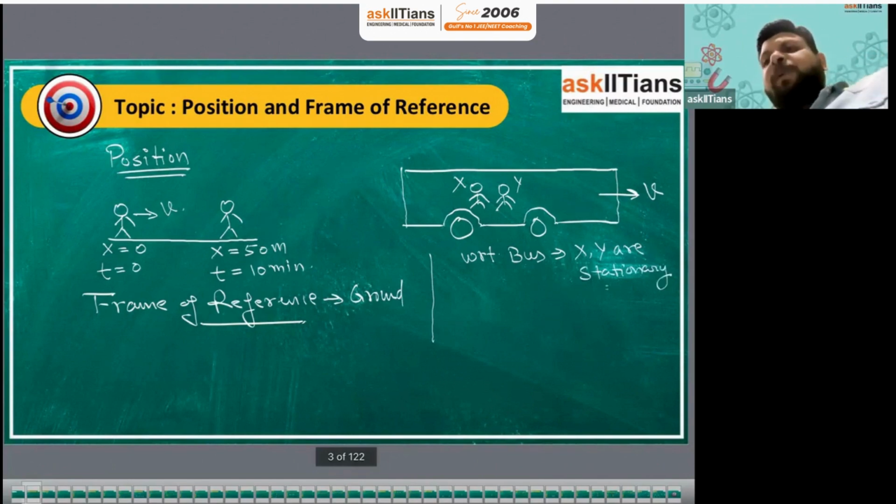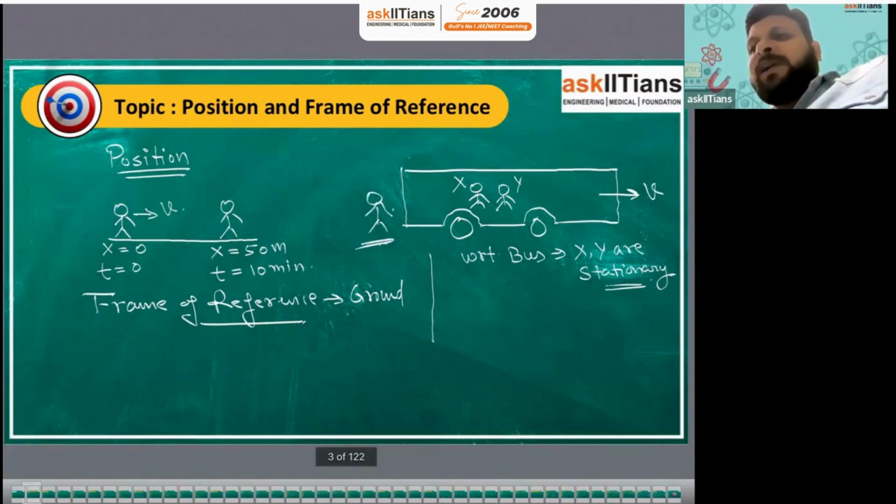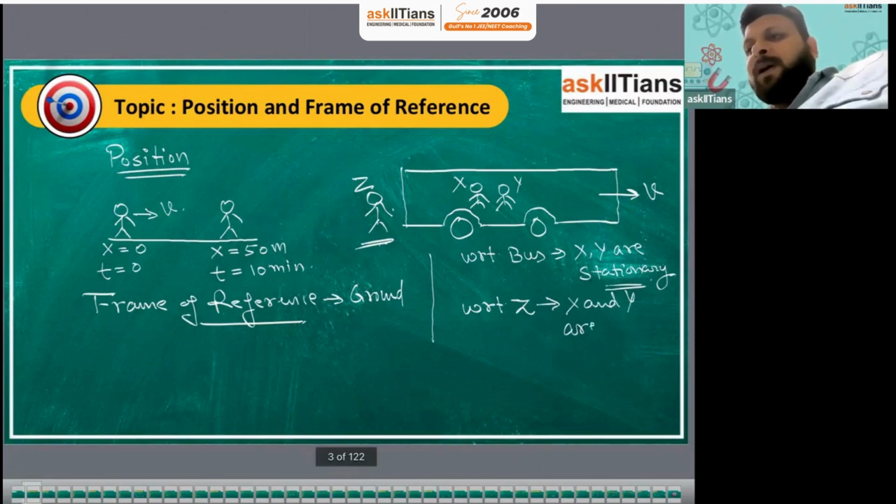Means with respect to bus, they are not moving, right? Their position is not changing with respect to time. But with respect to any other person Z who is standing outside the bus and he is stationary, he can observe that since bus is moving, both X and Y are also moving, right? So with respect to Z, X and Y are in motion.